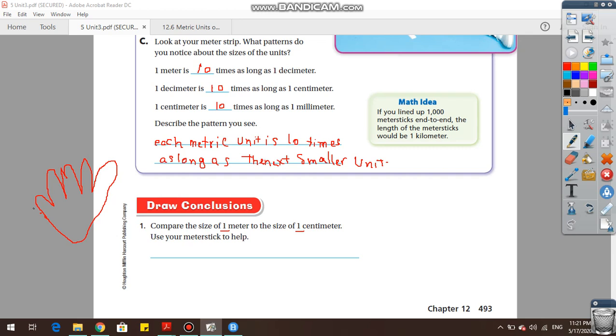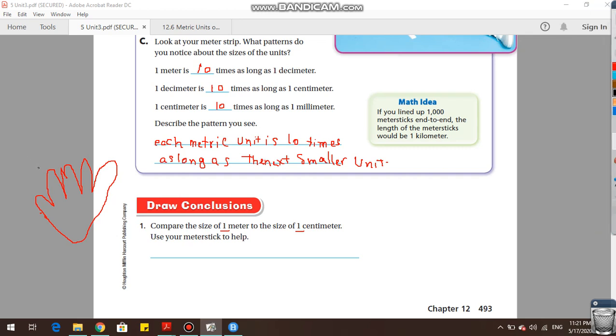I will ignore the first finger. Here I have meter, here I have decimeter, here I have centimeter, and here is millimeter. And between each gap I have here, I will write 10, 10, and 10.